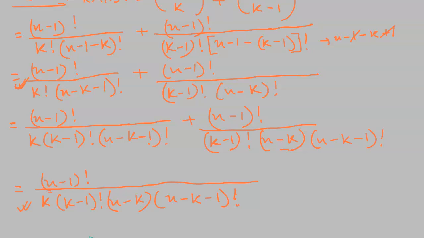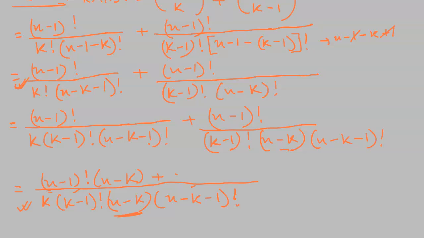See, k was there, k minus 1 factorial was there, n minus k minus 1 factorial was there. This is the term that has got multiplied. So since this is the factor that has got multiplied to the denominator, this should get multiplied to the numerator as well. So this is n minus k. We are done with the first term.